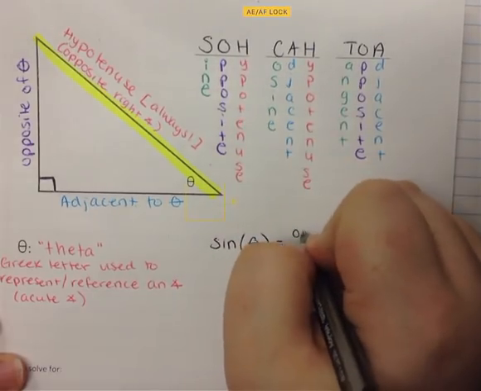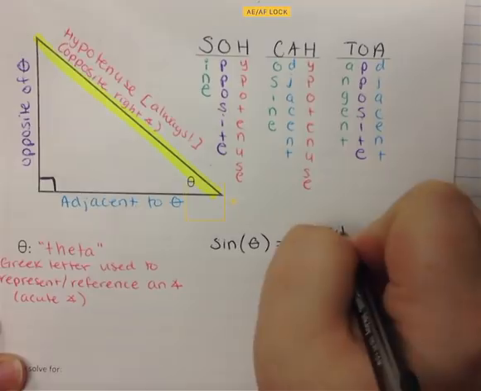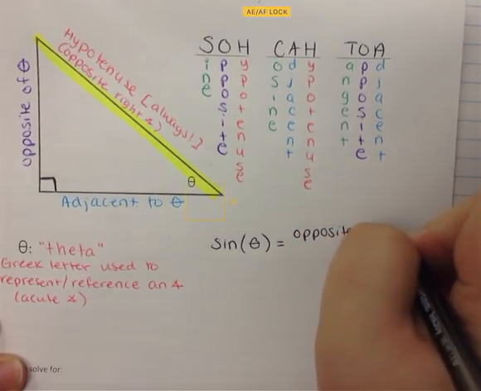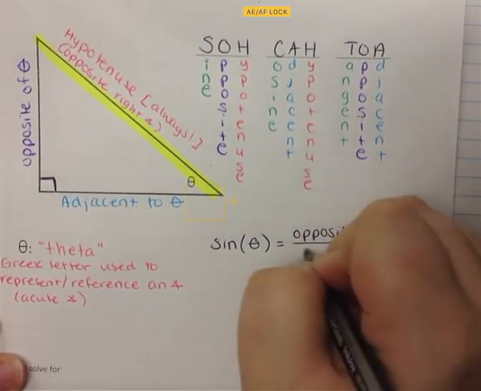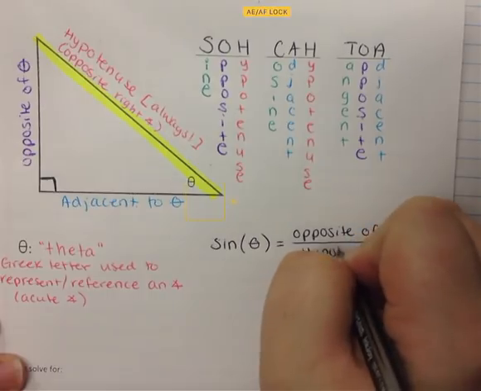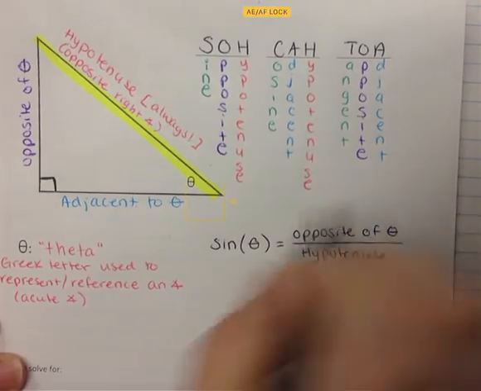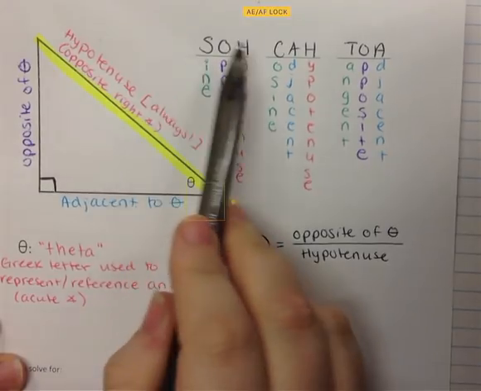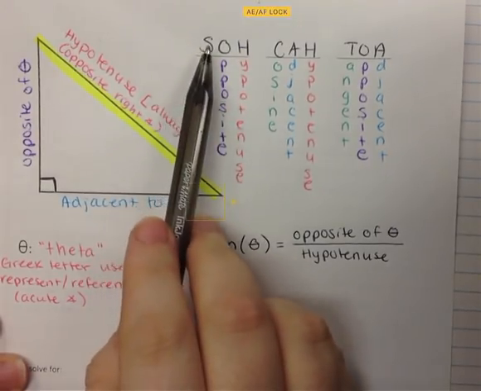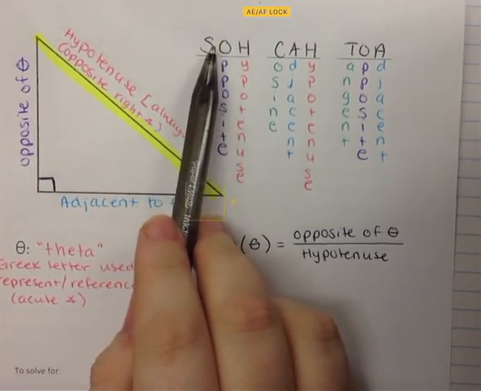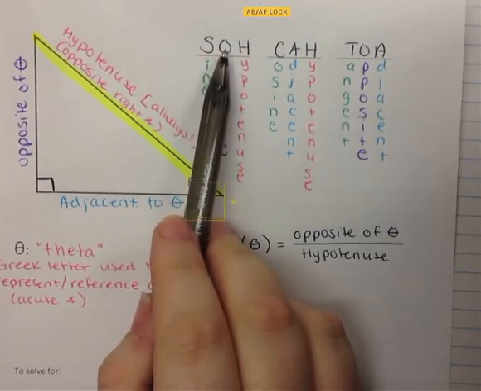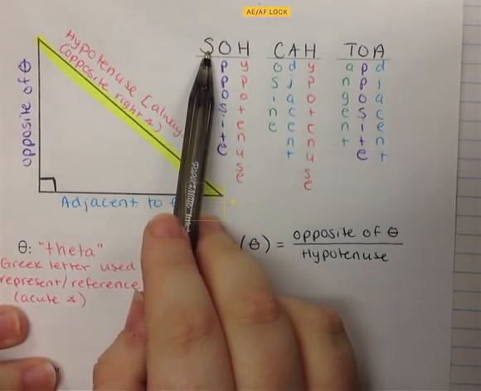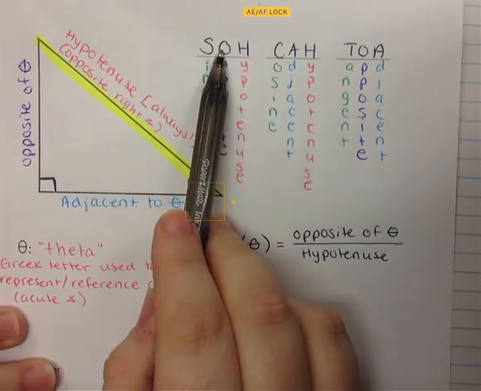So it's the opposite of theta divided by the hypotenuse. That's what the SOH tells you. It tells you so that you have it in order. It reminds you of what letters go with what, and then what order it goes in. So the sine is equal to the opposite over the hypotenuse.